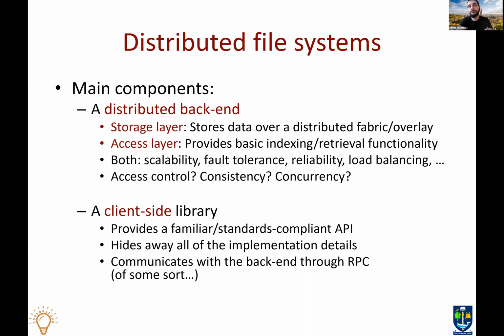The main components are your distributed backend and then a client-side library. The distributed backend offers you a storage layer, and that is the part of the file system that decides how to store what and where. And then there is an access layer that gives you basic indexing and retrieval functionality.